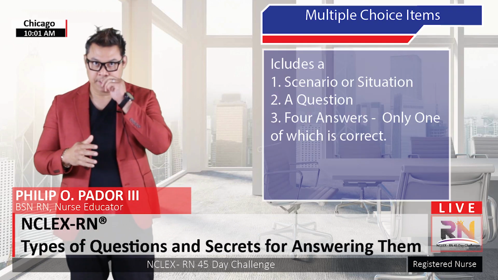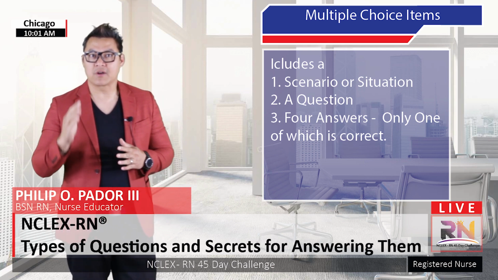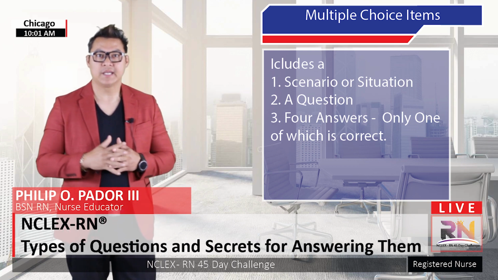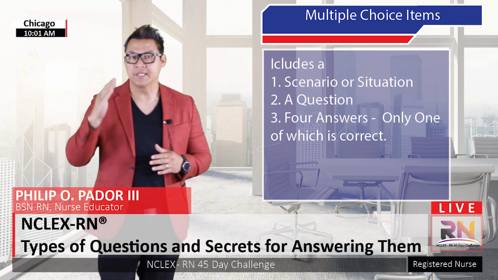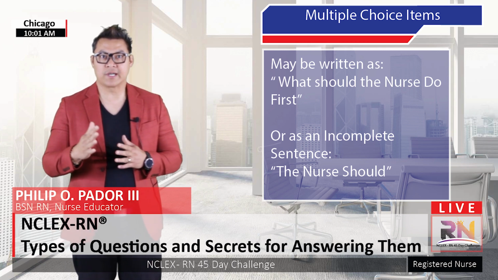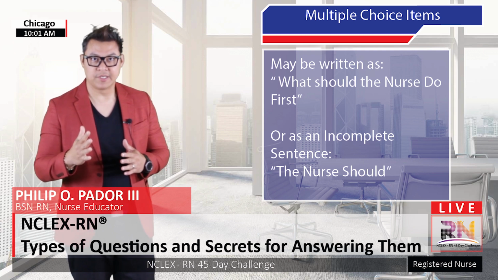The first type of question is multiple choice. This item includes a scenario or situation, a question, and 4 answers, only one of which is correct. The scenario provides information about the client or care management situation. The question poses the problem to solve. The question may be written as a direct question such as, "What should the nurse do first?" or as an incomplete sentence such as, "The nurse should."